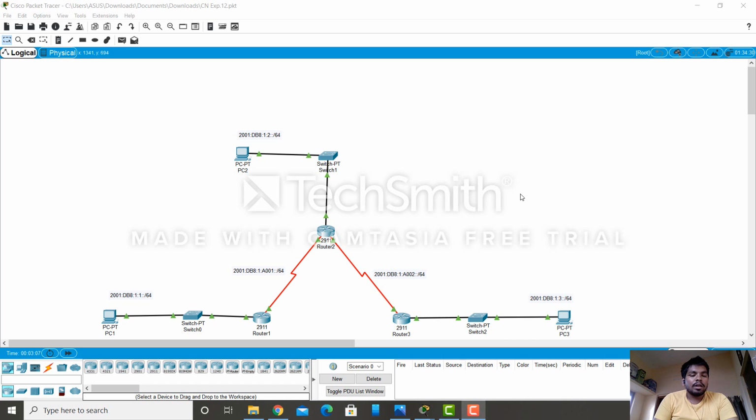RIPng is an interior gateway protocol that uses a distance vector algorithm to determine the best route to a destination, using hop count as the metric. In a RIP network, each router's forwarding table is distributed among the nodes through the flooding of routing table configuration.